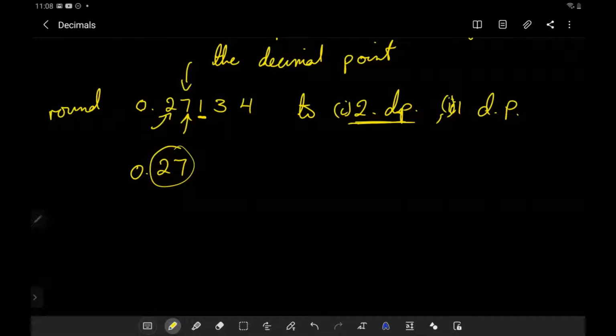So what do I do to the 2? I just add 1 to it, so I will get 0.3. Right, notice this is 1 decimal place. Understand? Yes, sir.